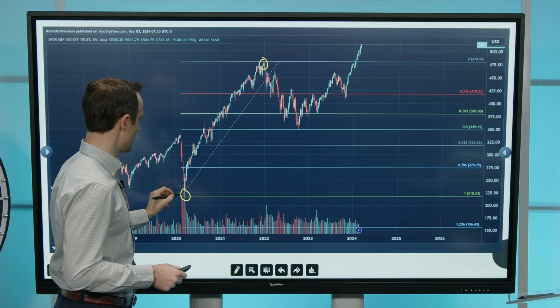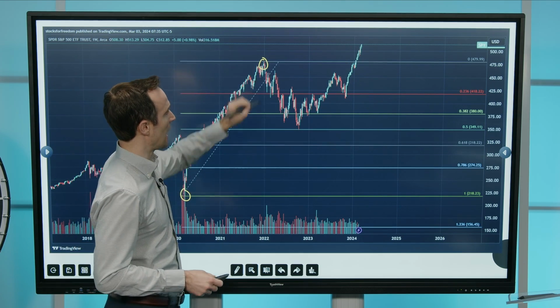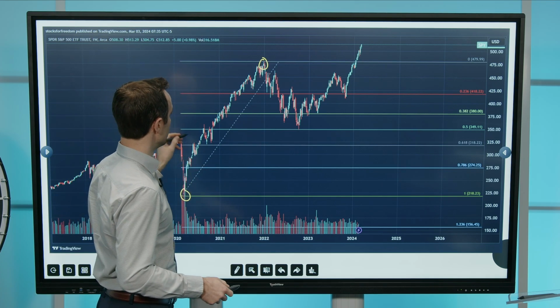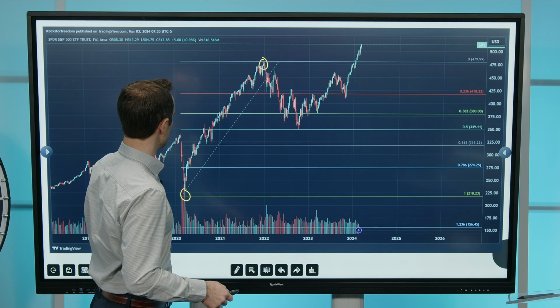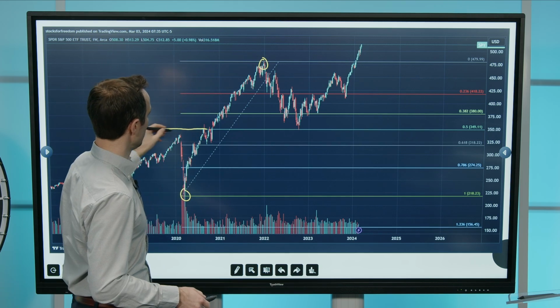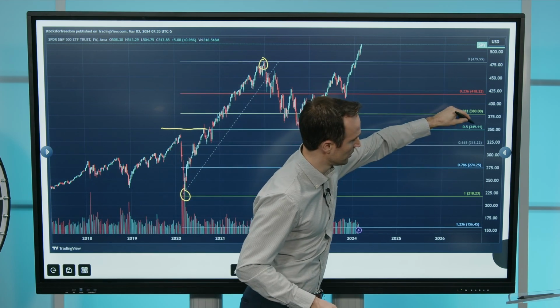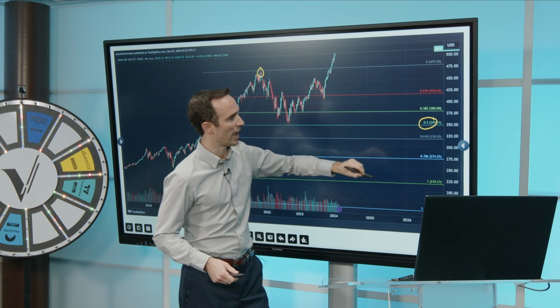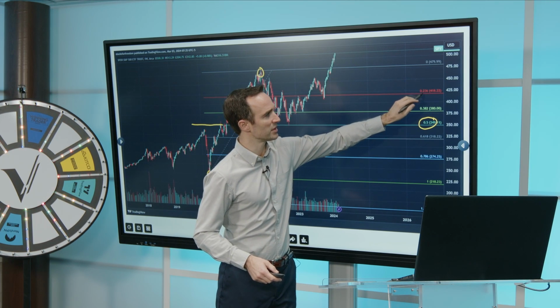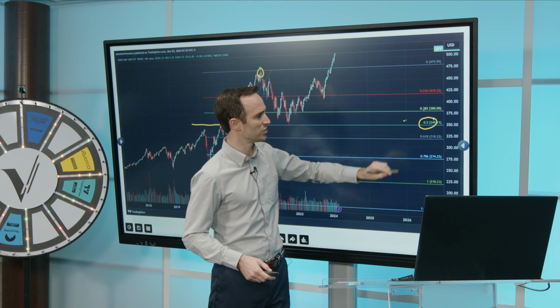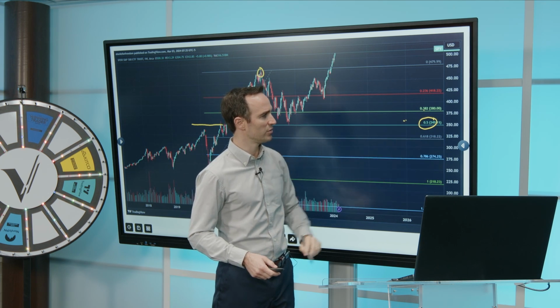So in general, we take from the low to the high, and now we're looking for a pivot low, right? And this is the 50% retrace to this level. You can see over here on the Fibonacci tool, you have 23.6, 38.2%, and 61.8 retracement.